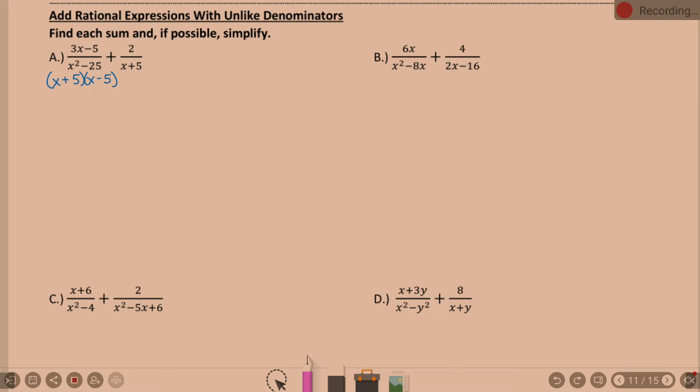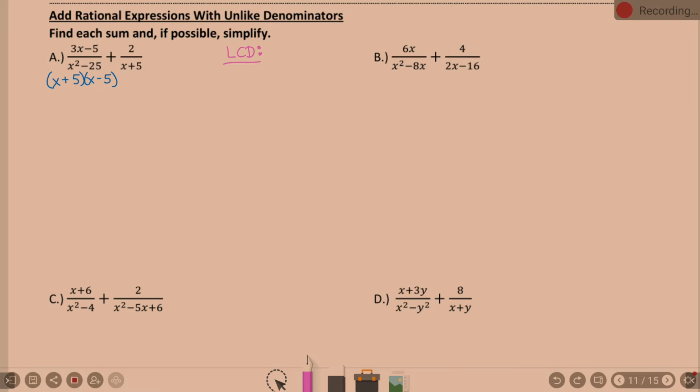What we need to find here is our least common denominator. Okay? When we talk about what our least common denominator is going to be, we're going to start by doing anything that's in common between the factors, and then any leftover pieces.